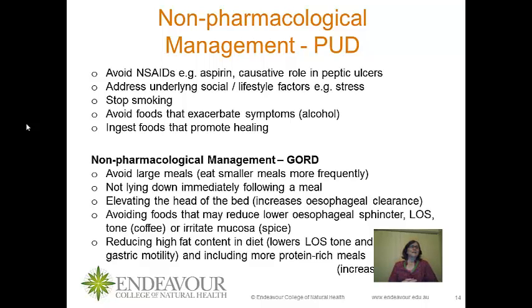All of these, including high fat in the diet, can put you at greater risk of GORD.